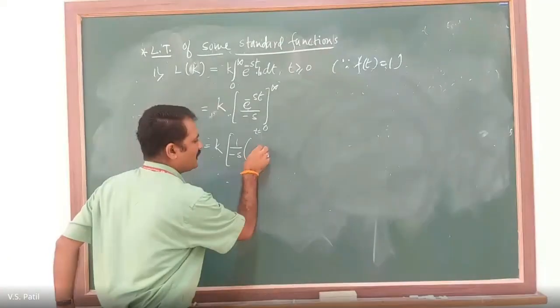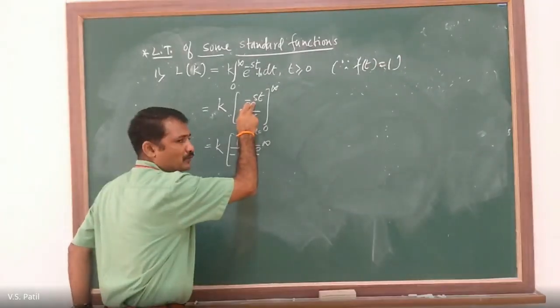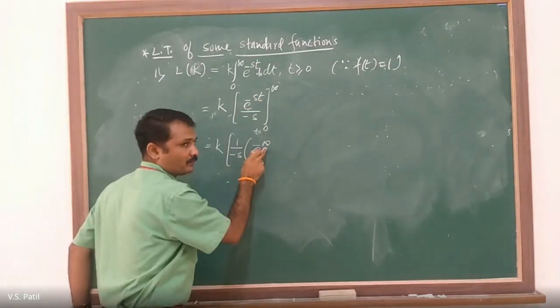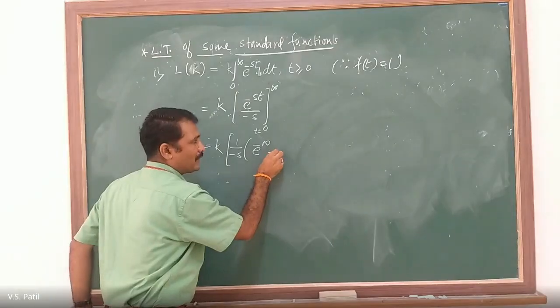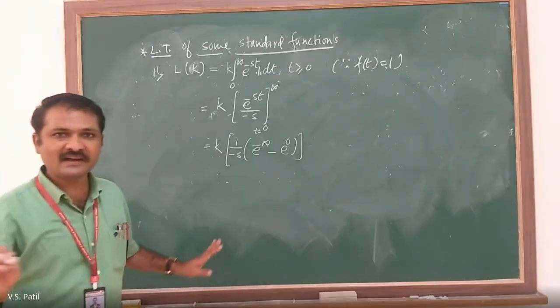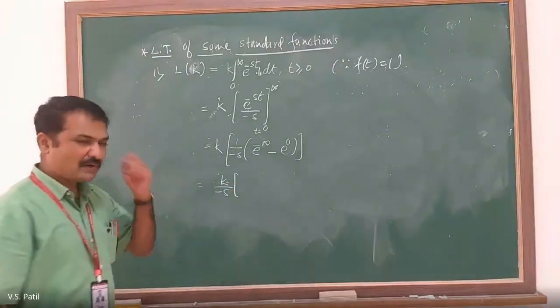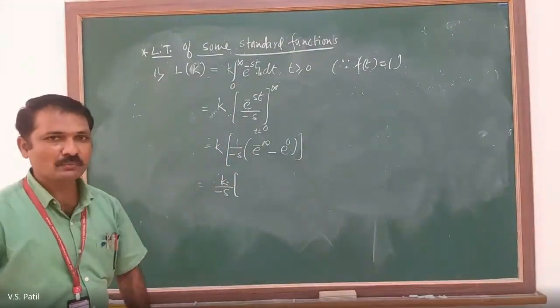What is the upper limit? e raised to minus s times t, with t equal to infinity, so e to the power minus infinity, since anything into infinity is infinity. Minus, what is the lower limit? e to the power minus s times 0. Agree? Now, can anybody tell me what is the value of e raised to minus infinity?